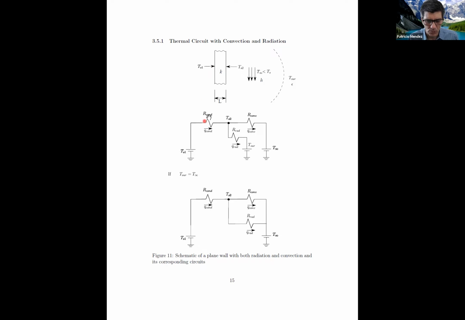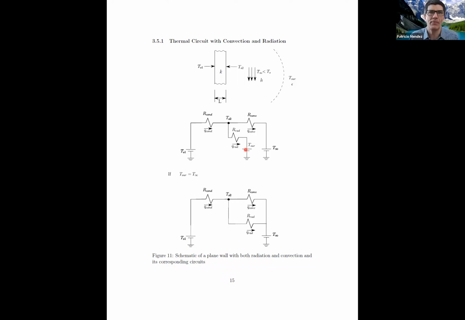Heat would go by conduction through the wall, this is this resistor, and then goes out by convection, as we have just seen. But in addition, this same surface, Ts2, is losing heat by radiation at the same time. That's why they are parallel paths.